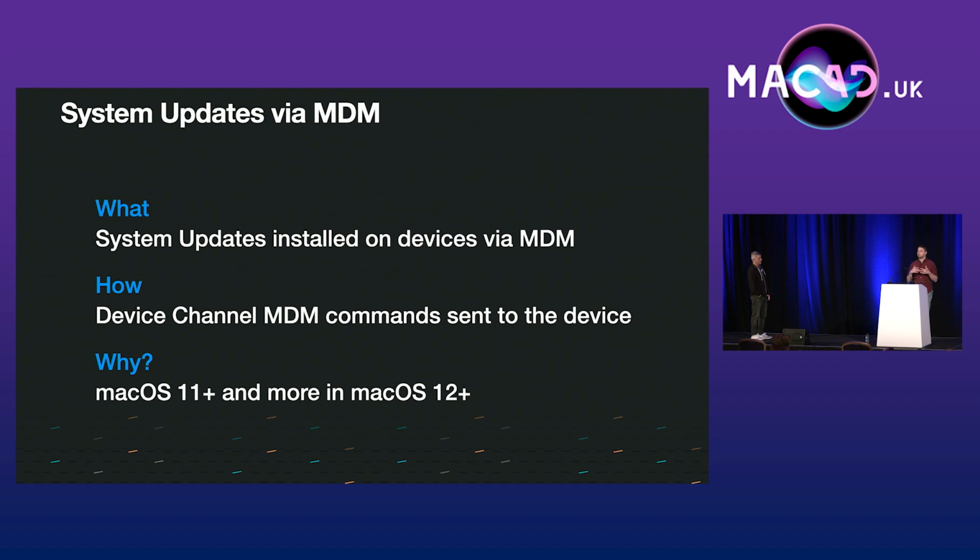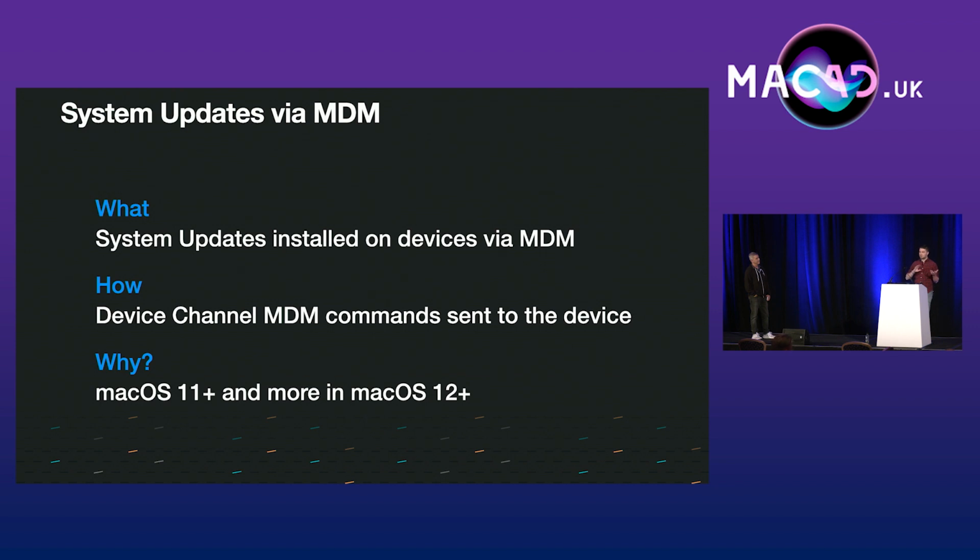Then the question is, well, why are we doing this? Why can't we just use the binary like we always have used? Well, starting with macOS Big Sur and up, at the last 3 WWDCs, Apple has talked at length in their state of management how these commands are now going to exist to do these updates.